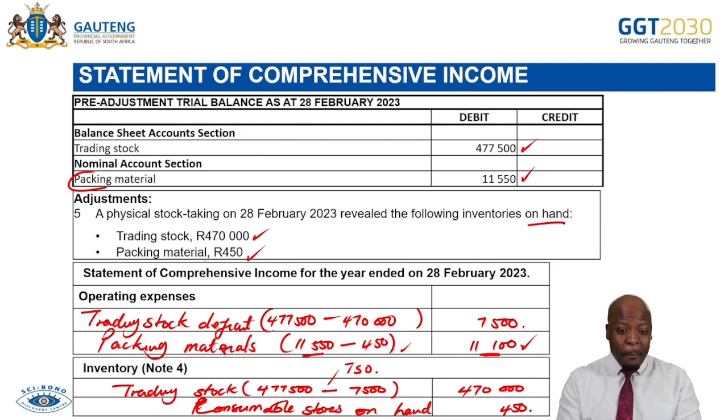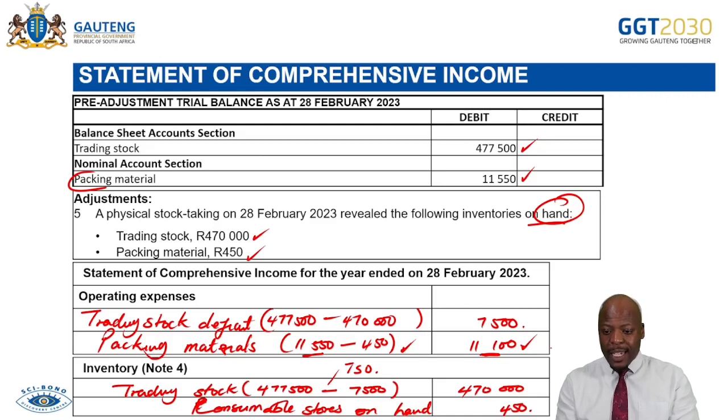If we're given packing materials on hand, we subtract it to get the used. But if the adjustment says packing materials used, you simply record the final amount, which is the used. Then you can calculate going back again. Very, very important, dear learners.